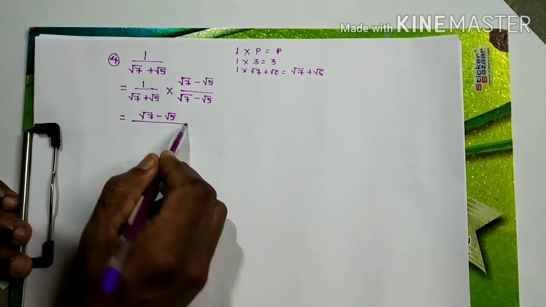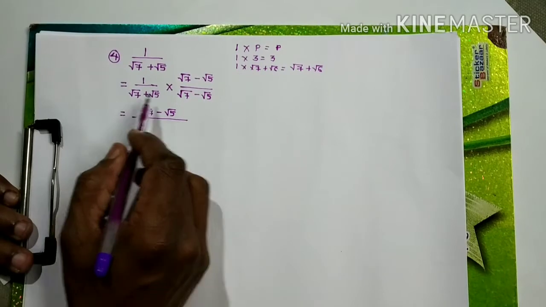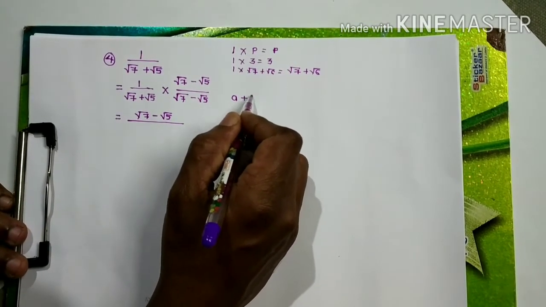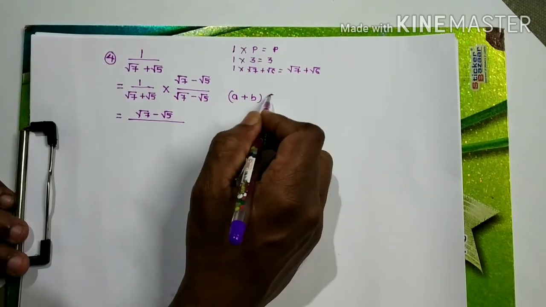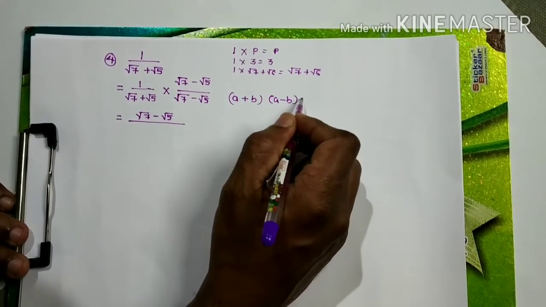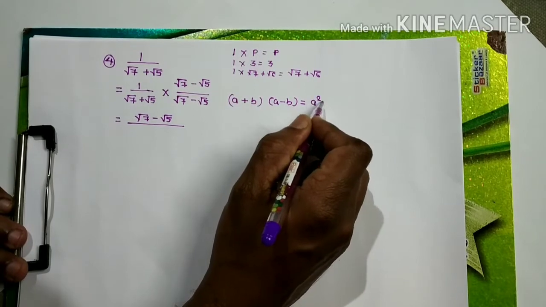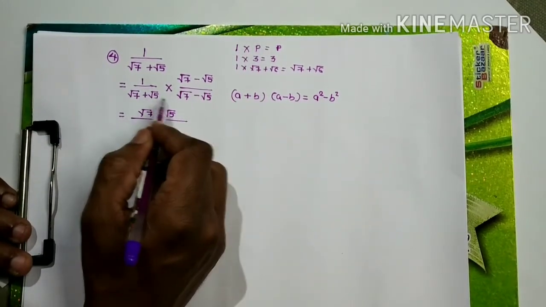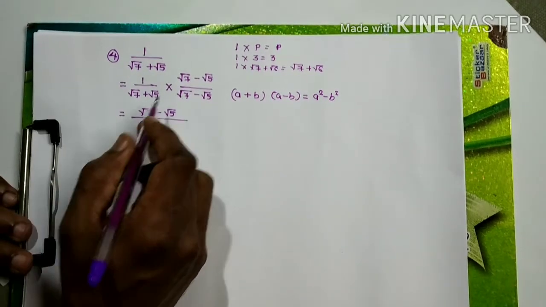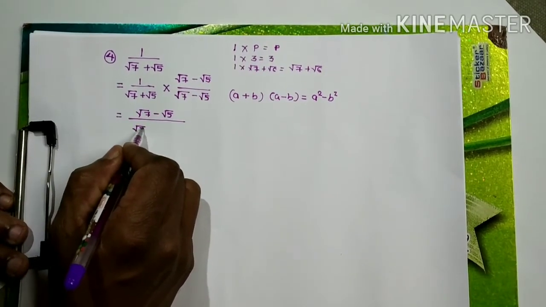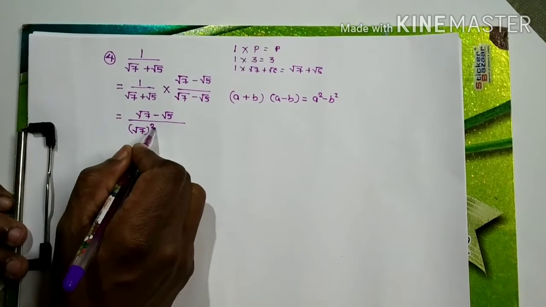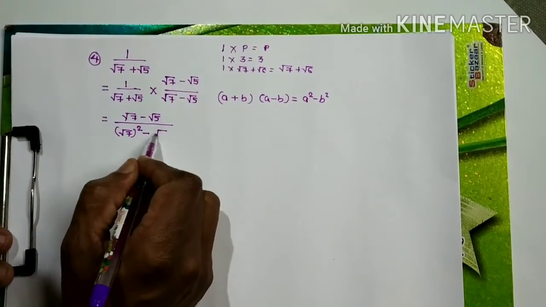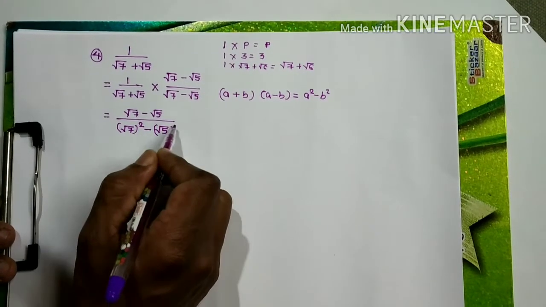Then divide by, here we have to use one identity, that is a plus b into a minus b is equal to a square minus b square. So this identity we have to follow here. Root 7 into root 7 is root 7 square, minus root 5 into root 5, root 5 square.